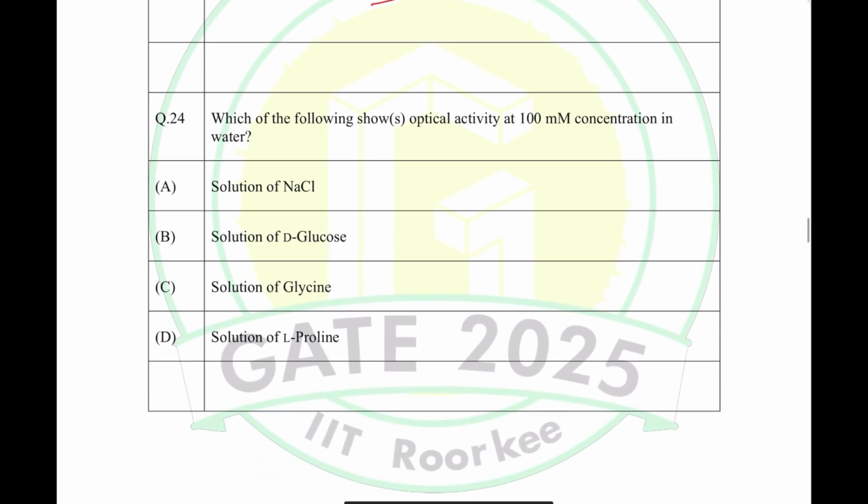Okay. Moving on to the next question. Which of the following shows optical activity at 100 millimolar concentration in water? So NaCl solution, NaCl is an ionic compound. It has no chiral center, so it is optically inactive.